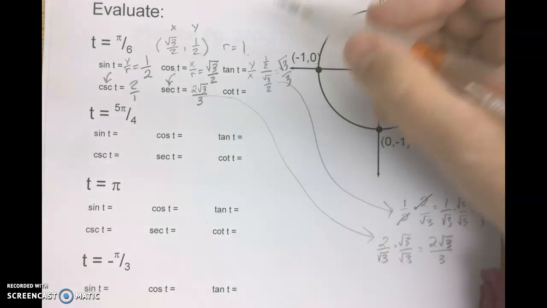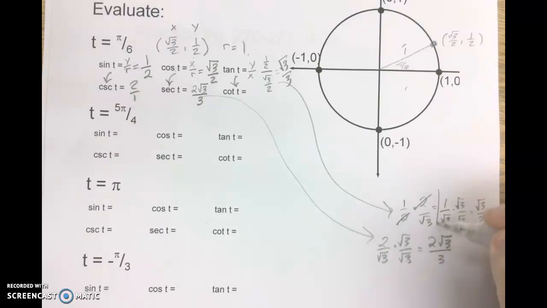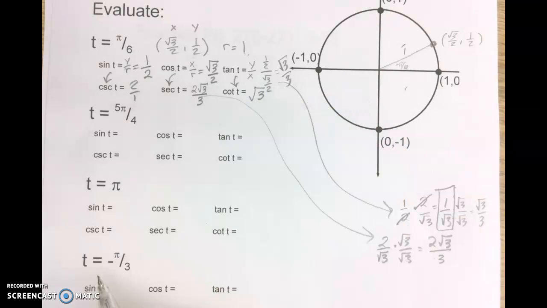And the cotangent is the reciprocal of tangent. So right here, we did all that work. Do you see this spot right there? That was also a tangent. So if I take the reciprocal of that, I just get the square root of 3.